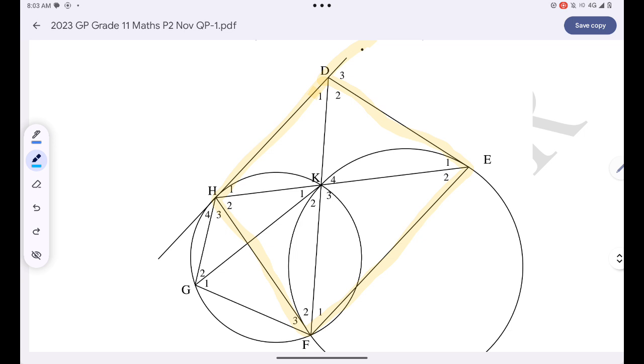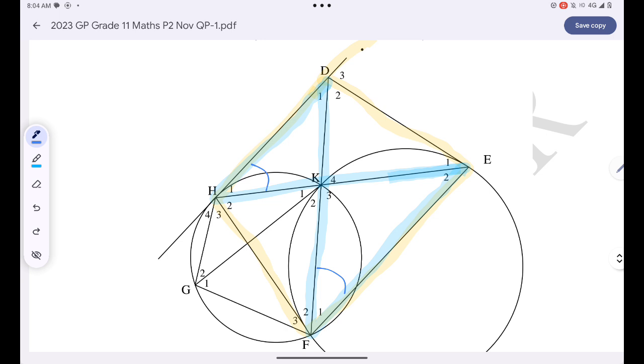If we check, chord DE subtends angle H1 and also subtends angle F1 at the circumference. Are you together? So since I've proven that DEFH is a cyclic quad, I can conclude that these two are the same because they are angles in the same segment.